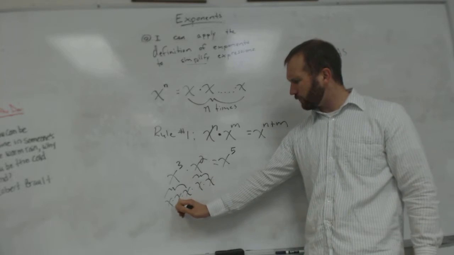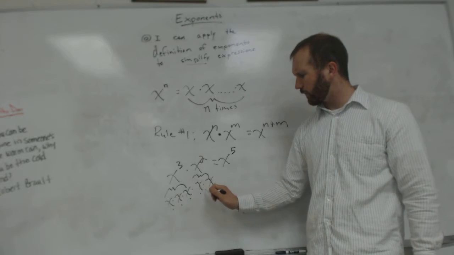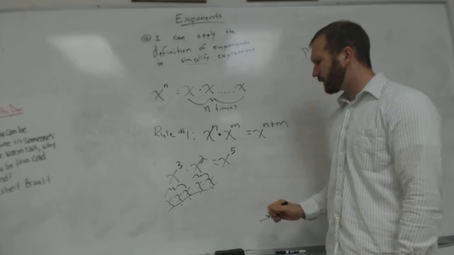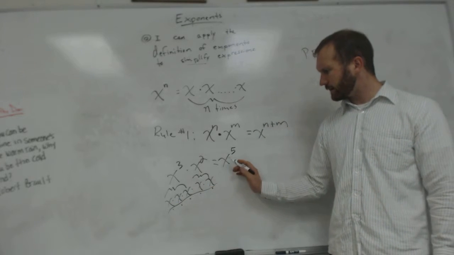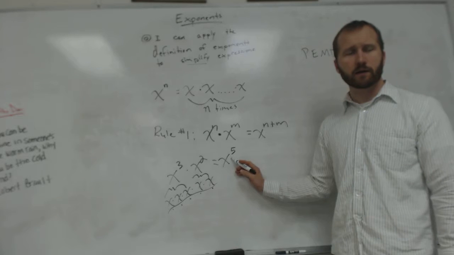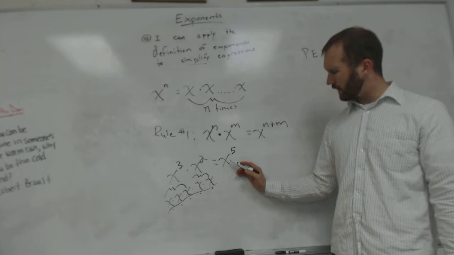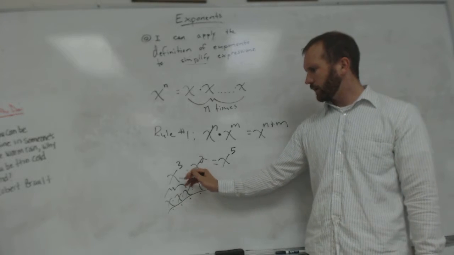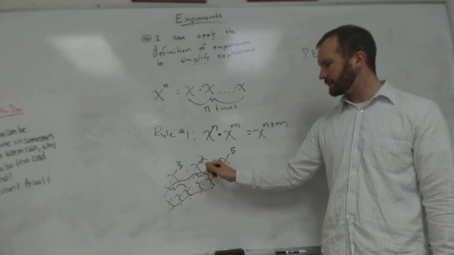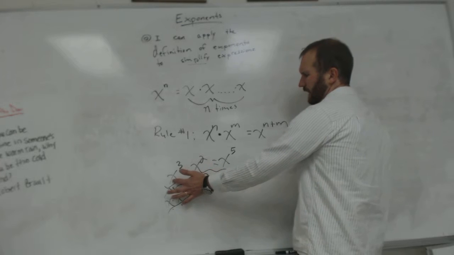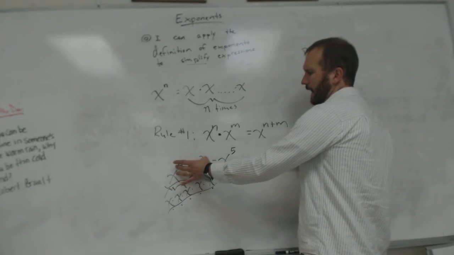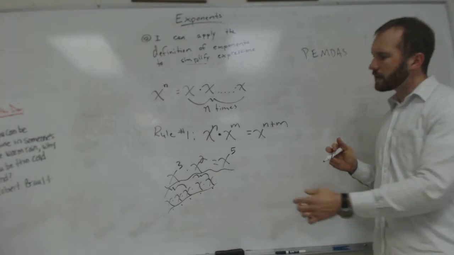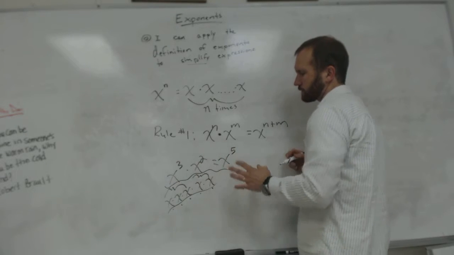So now look, I have 1, 2, 3, 4, 5 x's, and they're all being multiplied together. Couldn't I call this x to the 5? Yeah, because that is x to the 5. So when I have the same bases, x and x, I can add the exponents. Same base, add your exponents.